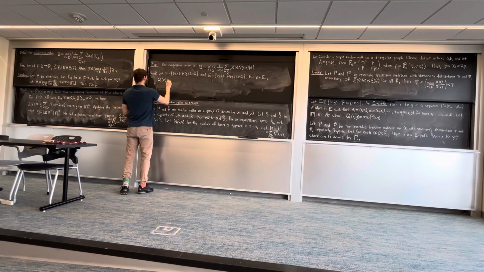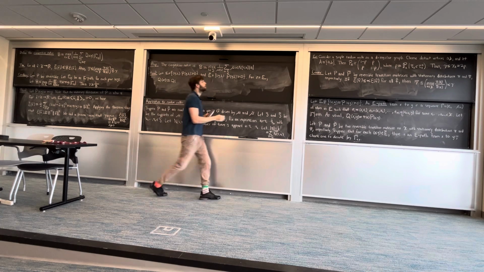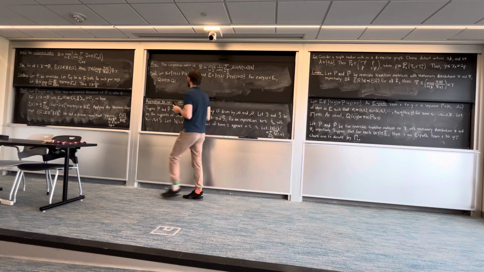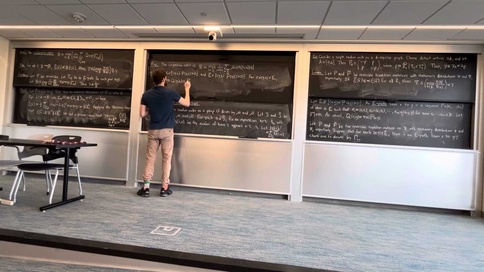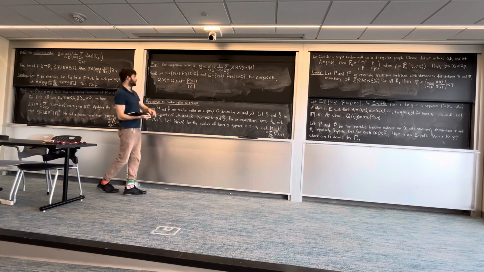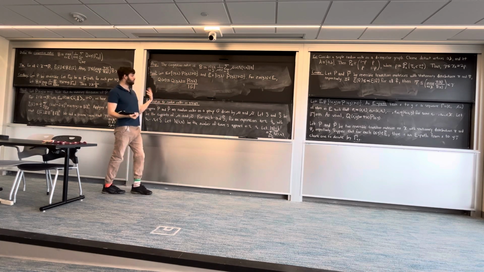Let's say for some edge E, which is G, H, Q of G, H is just the stationary probability times P of G, H. The stationary probability is uniform on the group, so the probability of G is 1 over the size of the group.